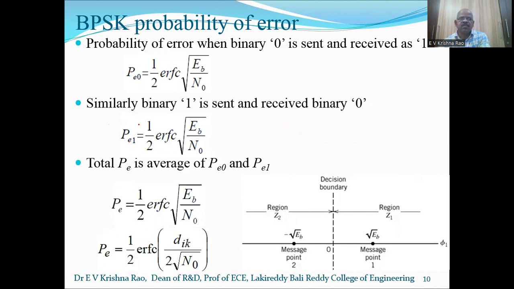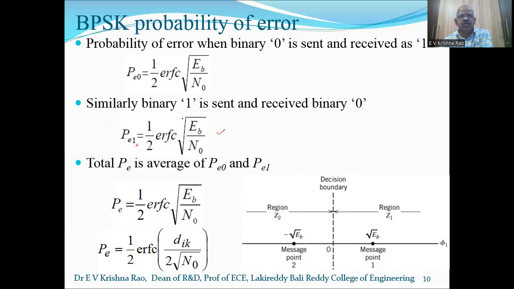P1E is the probability of error, similar to P0. Here the mean is S11, which is root EB. We derive it in a similar way and get half the complementary error function of root EB by N naught for binary 1.